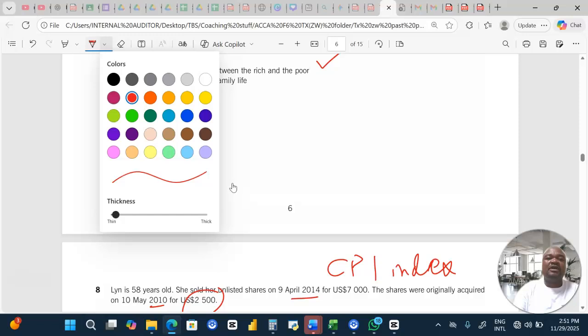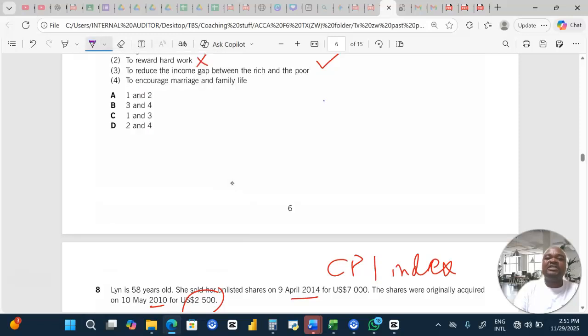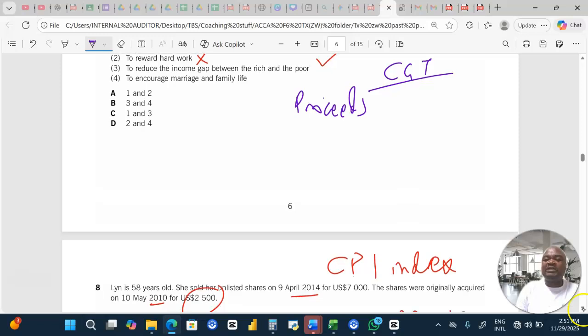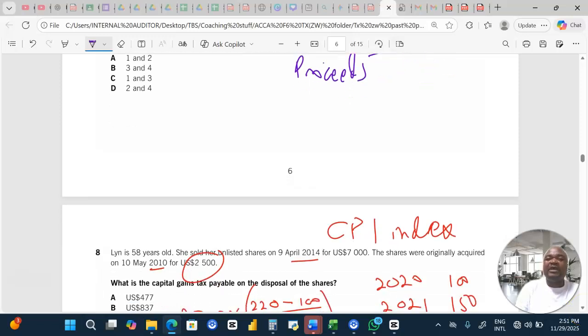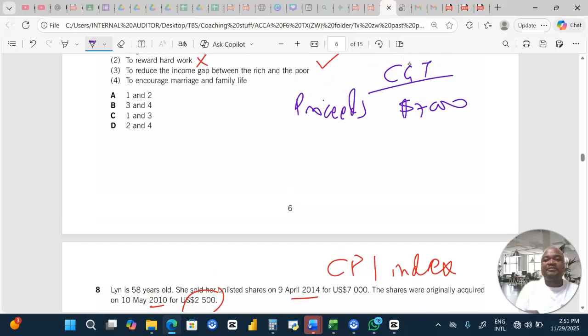Okay, so now, to compute CGT, we need the proceeds. The proceeds, how much was given? We're given $7,000 as the proceeds.